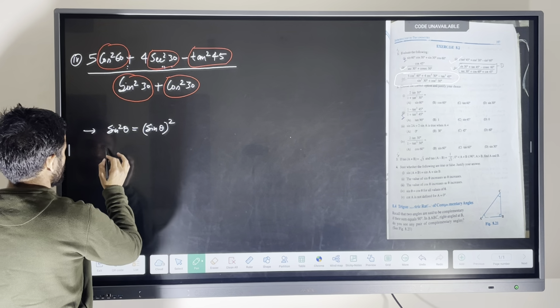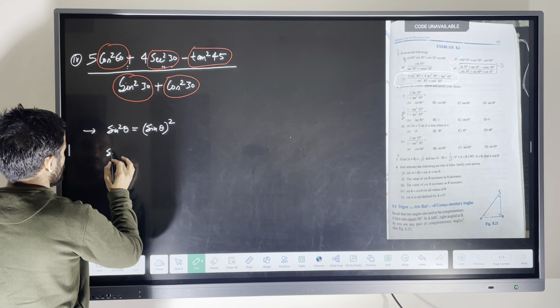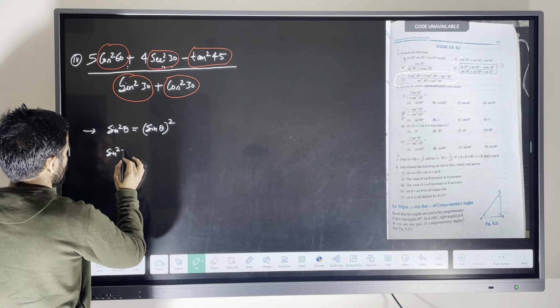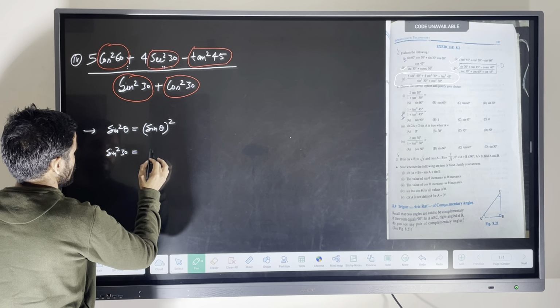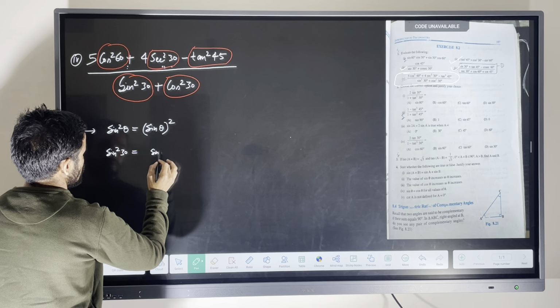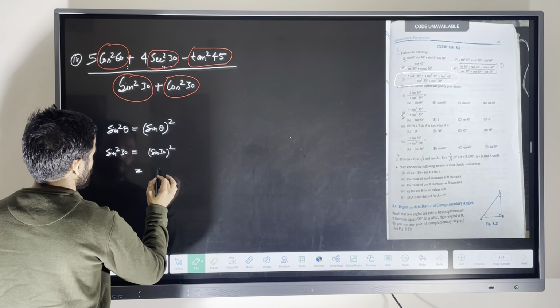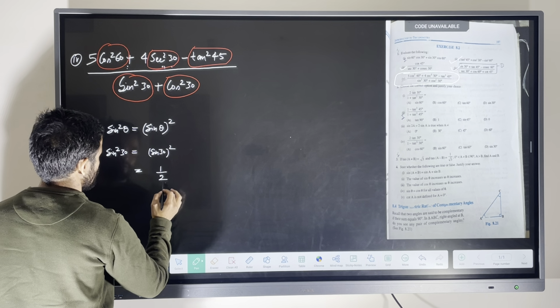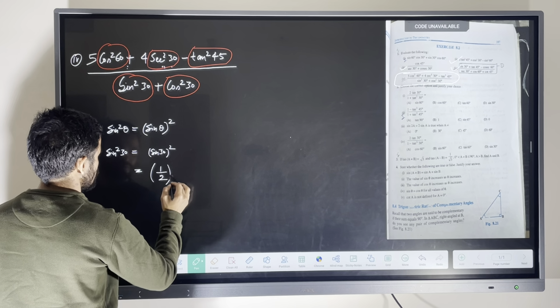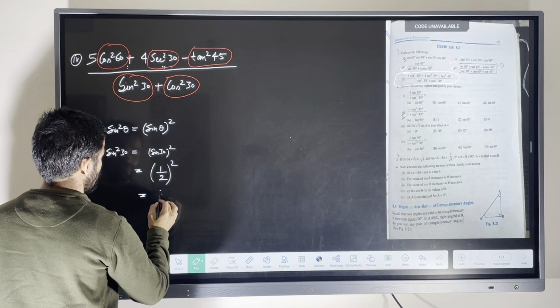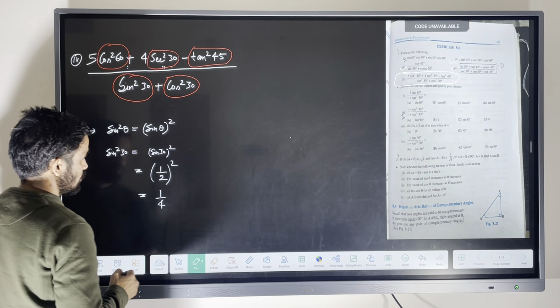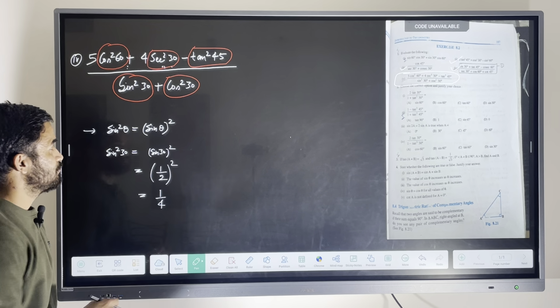Like if we take sine square 30, it will be equal to sine 30 whole square. What is the value of sine 30? 1 by 2. 1 by 2's whole square will be equal to 1 by 4.